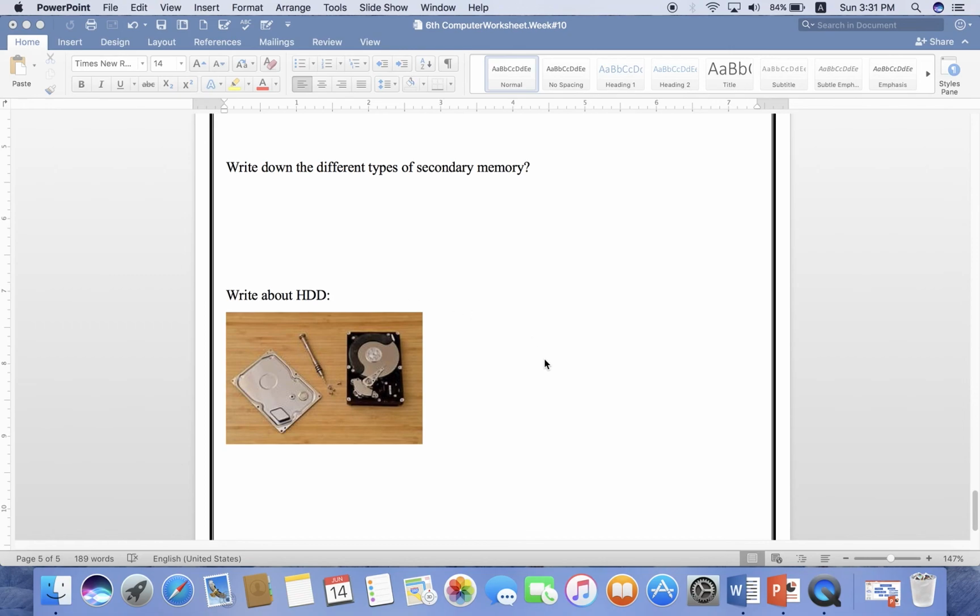About HDD, what will you write? You will write that HDD is also the main storage unit of a computer. It can be internal hard disk drive, or hard disk drive is divided into internal and external. Internal is connected to your computer, and external you can connect to your computer or you can take with yourself anywhere.